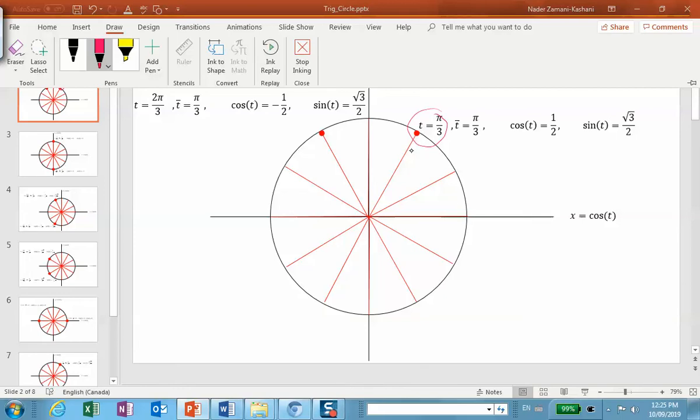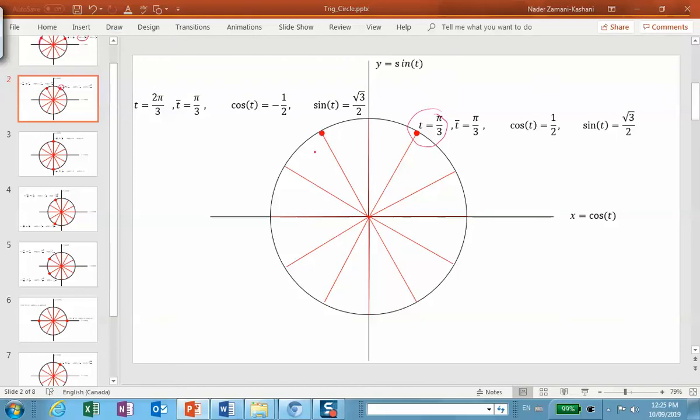Now we want information about this other point on that side, 2 pi over 3. Notice that the reference number for this value of t is that much, the shortest distance to the x-axis. Therefore, it is 2 of these pieces of pi over 6, which is pi over 3.